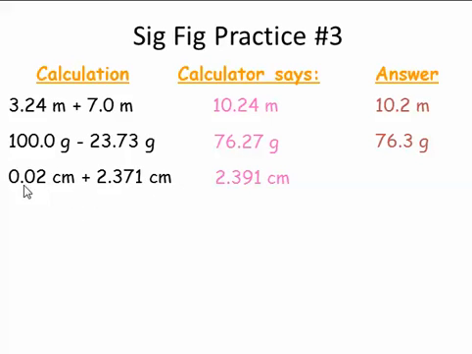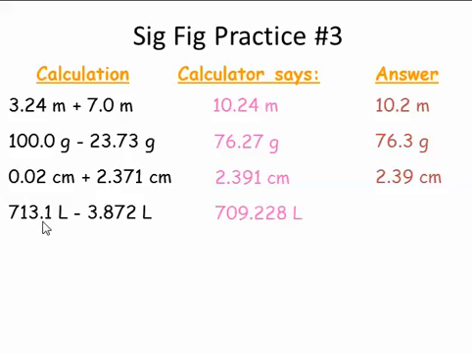All right, this has 2 places to the right, 3 places to the right, so we have to round it off 1, 2. That's a 1, so the 9 stays the same, so 2.39. One place, 3 places. So we got to round it off to one place. The next number's a 2, so this stays as a 2, 709.2 liters.